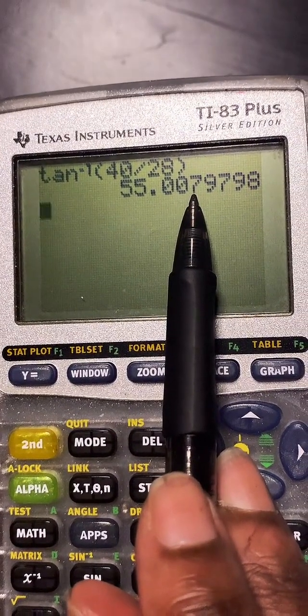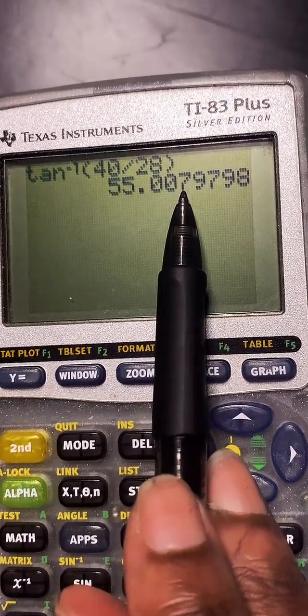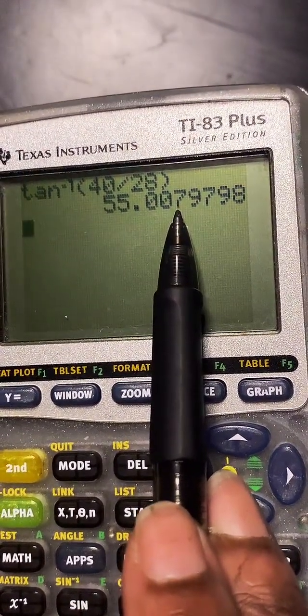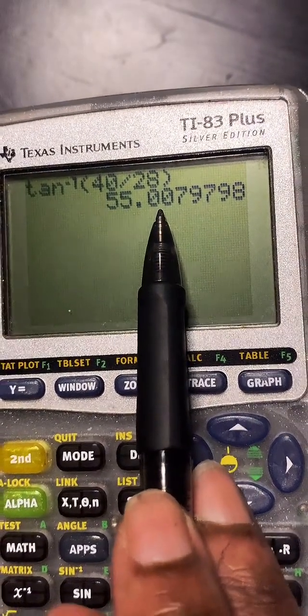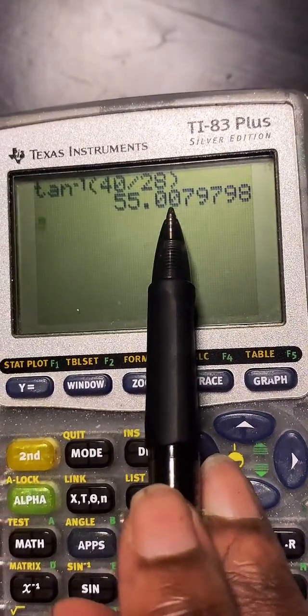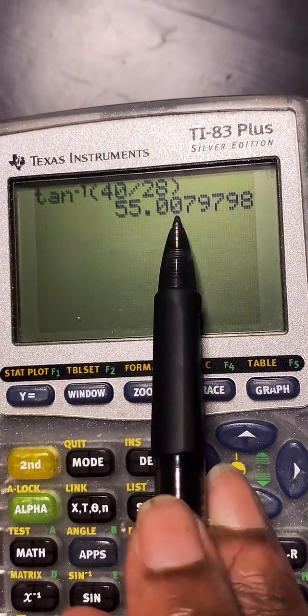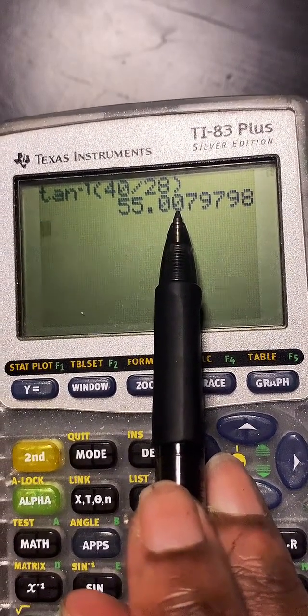So when I say 5 and above, I mean 5, 6, 7, 8, 9. If it's 5 and above, I'm going to give it a shove, meaning I'm going to add 1 to the previous spot. So the previous spot is 0. So I'm going to add 1 to 0, which gives me 1.